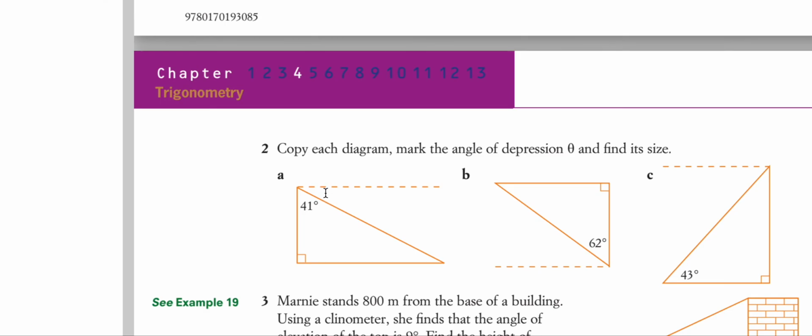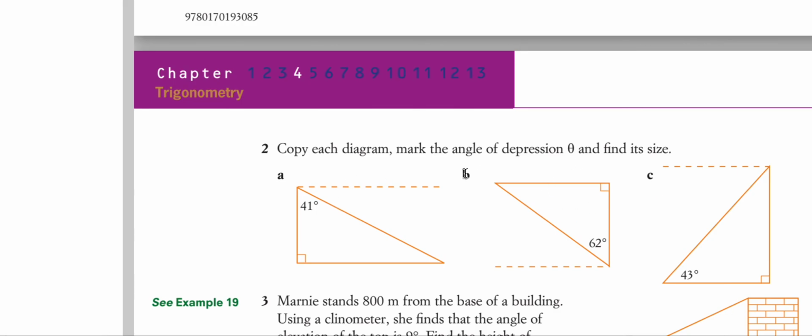So the other part, well, it has to make up 90 degrees. So what's 90 minus 41? What's the difference between 41 and 90? 49. So this angle here has to be 49 degrees. And we know that because this angle, 41, plus our angle theta here, our angle of depression, when we add those two angles together, it should add up to 90 because this is a right angle here.